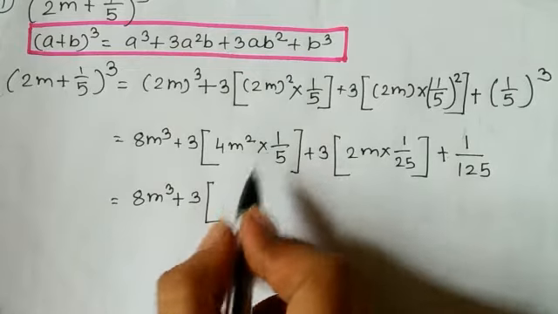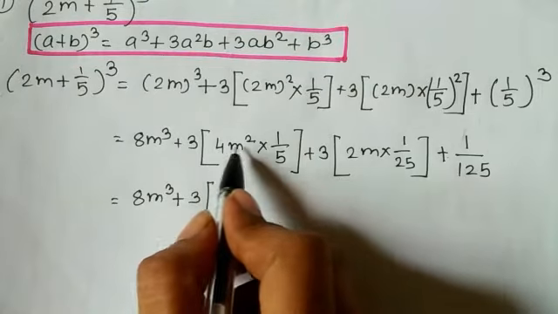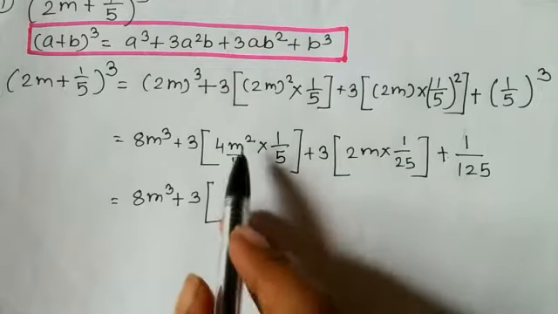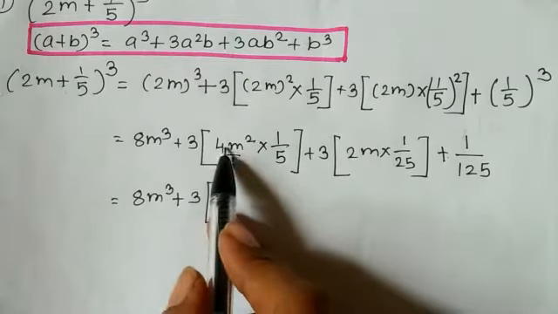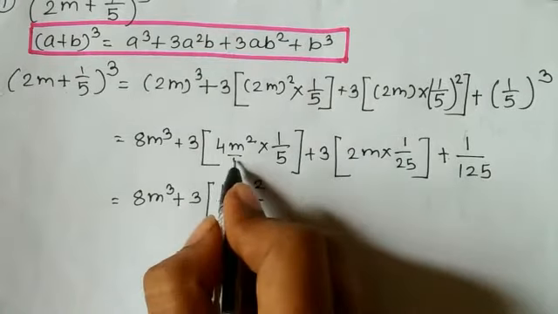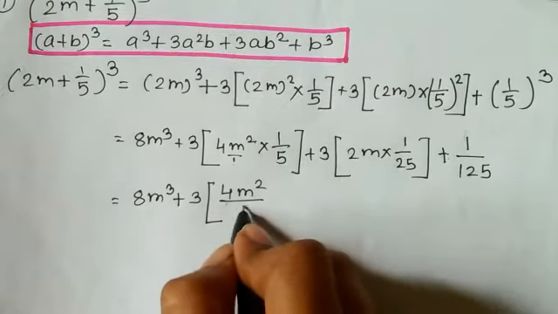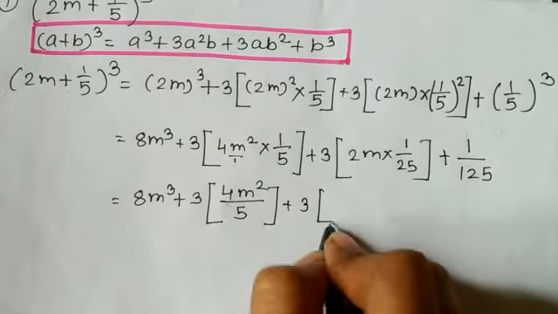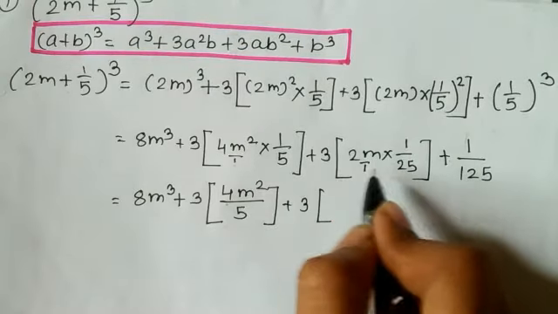Here how we are going to solve that? The symbol of multiplication between these two terms. So here 4m square, its denominator is not given, it means that it's 1. So let's multiply the numerator with the numerator and denominator with the denominator. So 4m square into 1, it means 4m square, and 1 into 5, now number is not given, it means it's 1, so 1 into 5, it means 5, bracket complete, plus 3 into bracket, here again 2m is not having denominator, it means that it's 1.